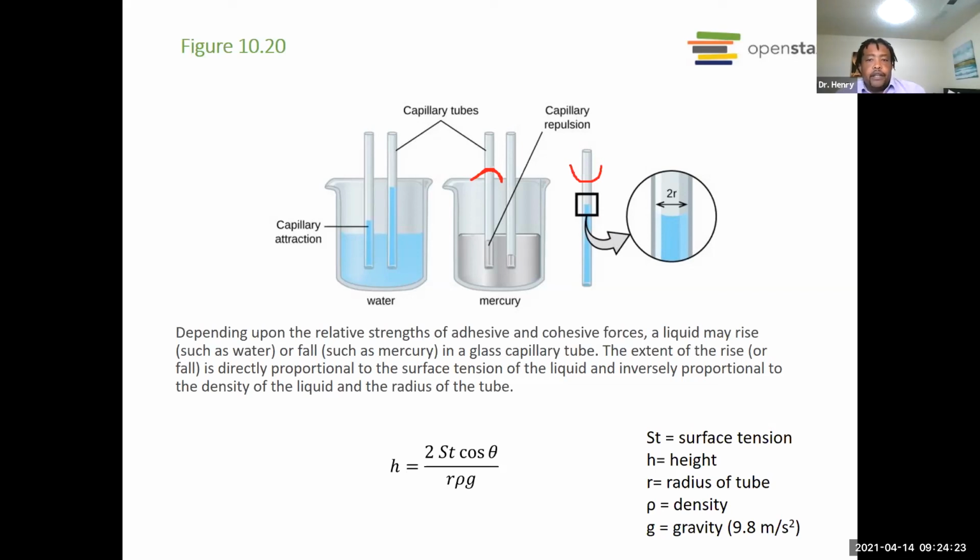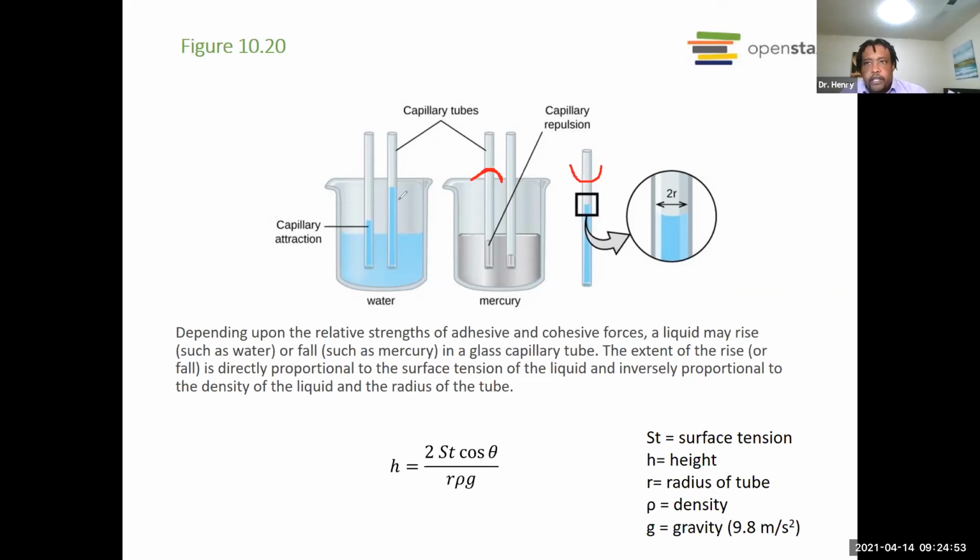In this equation, we're taking into consideration the properties of the liquid. So if we're talking about water, we know that rho represents the density, r is going to represent the inner radius of the tube, g is going to represent the gravitational pull, which is 9.8 meters per second squared, and h is going to be the height.